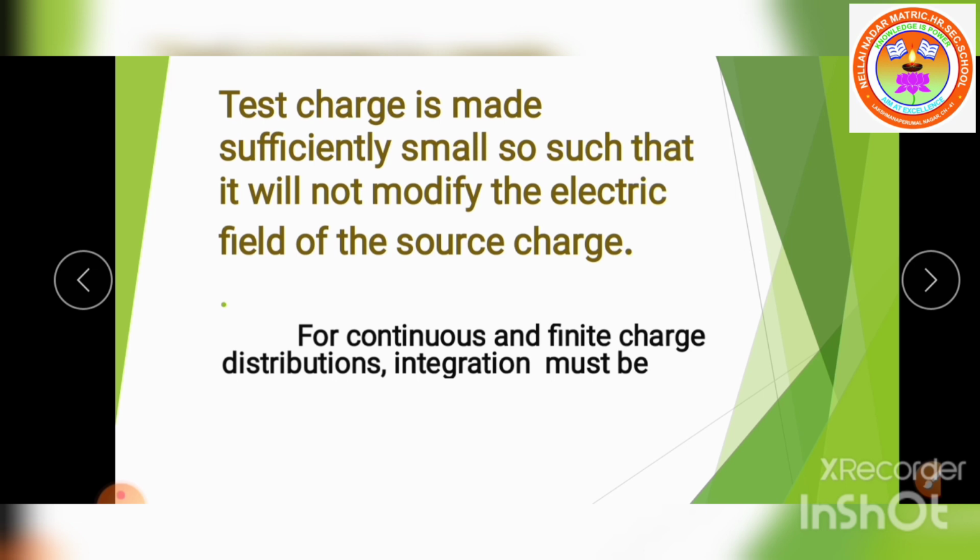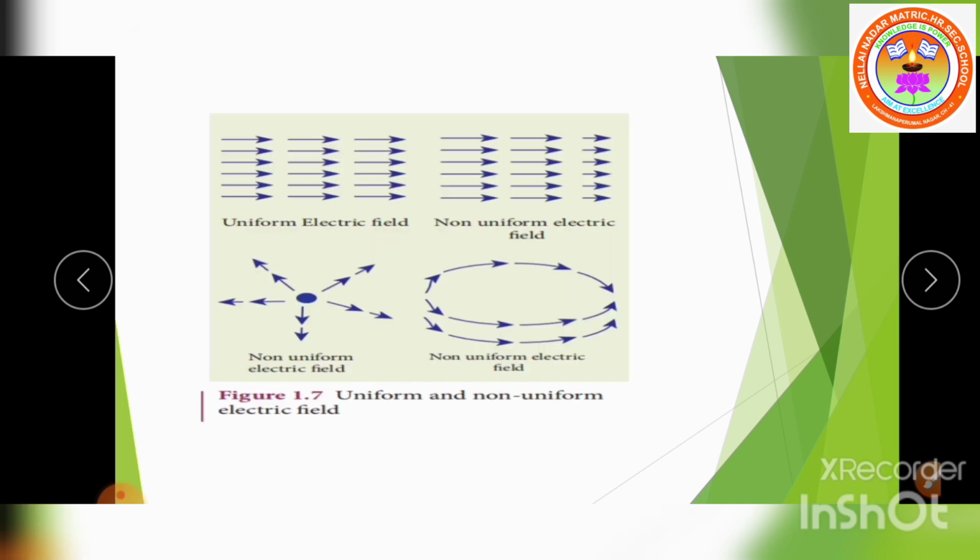However, this expression can be used for a finite sized charge if the test charge is very far away from the finite sized source charge. The same way we studied in the 11th standard. Earth is very large, but we take that also as a point mass.